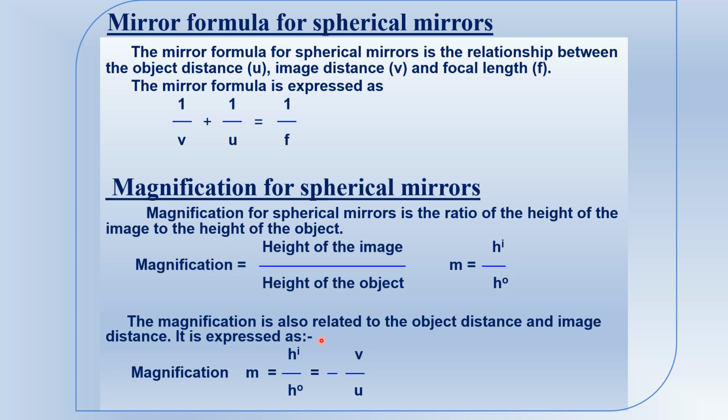The magnification is also related to the object distance and the image distance: M = HI/HO = -V/U.